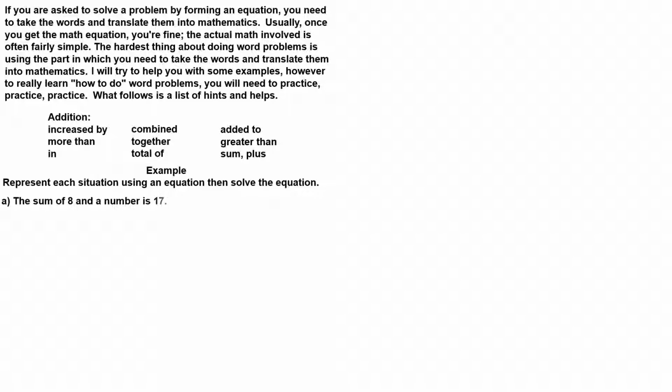Example. After reading, you should look for keywords. Certain words indicate certain mathematical operations. The sum of 8 and the number is 17. The keyword sum tells us that we must add the two quantities.